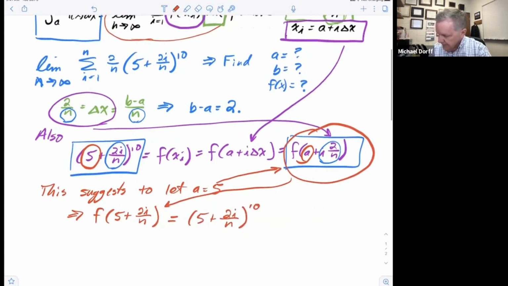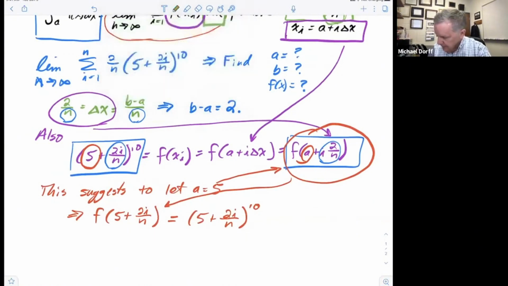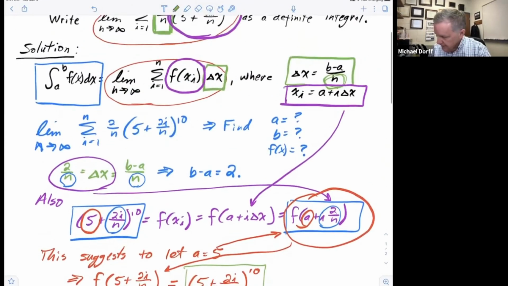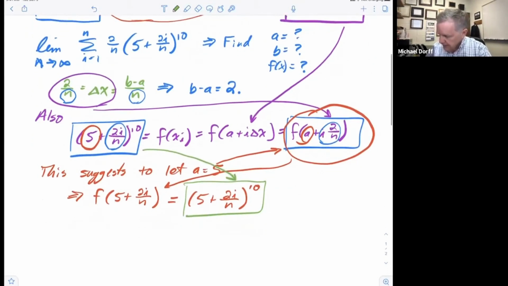And you may say, where does this last part come from? Let's go back to green here. That comes from the fact that we had that right there, right? Two parts were equal. So what does this tell me? Now I've got f of this parentheses equals this parentheses to the 10th power.